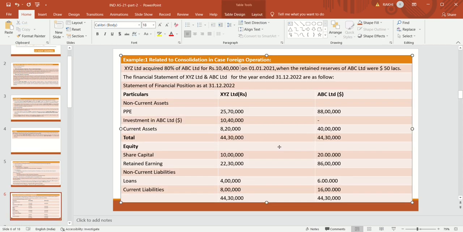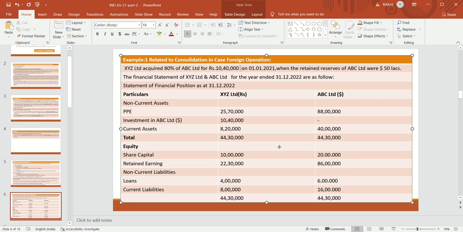Now I will explain the foreign operation by example. XYZ Limited acquired 80% of ABC Limited for rupees 10,40,000 on 1st January 2021, when the retained reserve of ABC Limited was $50 lakhs.